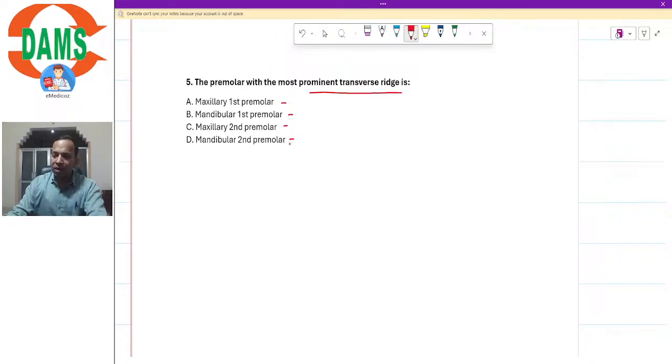Or is it mandibular second premolar? क्या आंसर होगा इसका? So the correct answer here would be option B, mandibular first premolar. It has the smallest lingual cusp, yet it has the largest triangular or transverse ridge, and it is located on the buccal cusp.